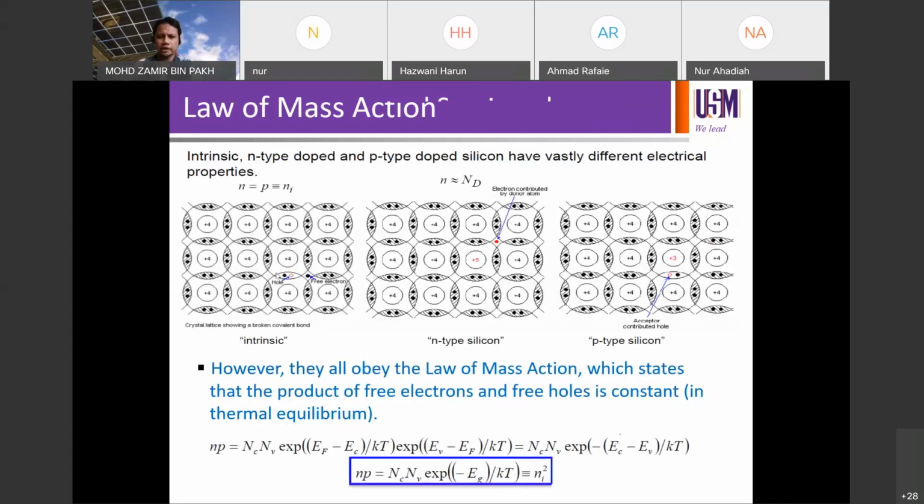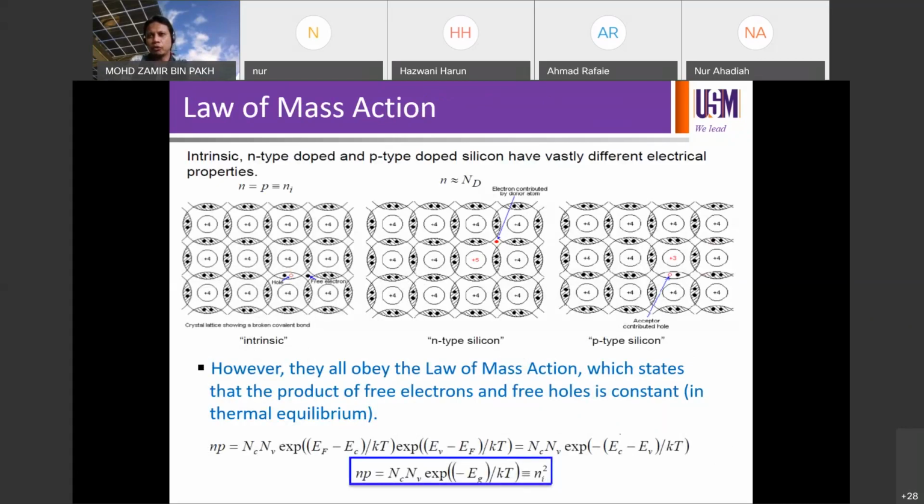We've also discussed the law of mass action, where we first saw the approximation of n or p to be close to the values of your doping levels. n will be approximately equal to ND when ND is way higher than ni.